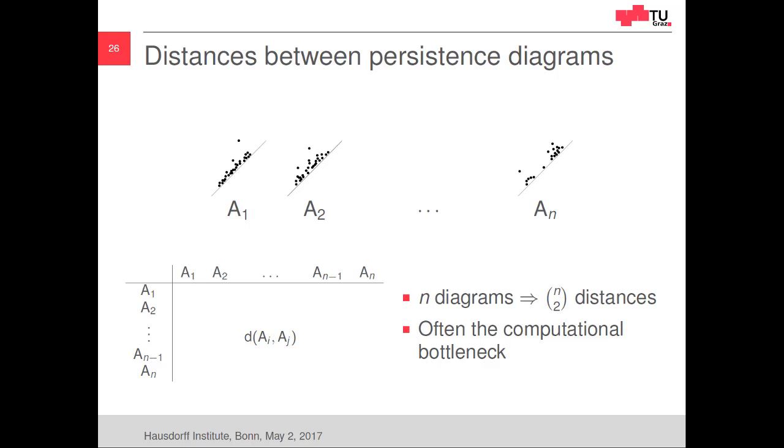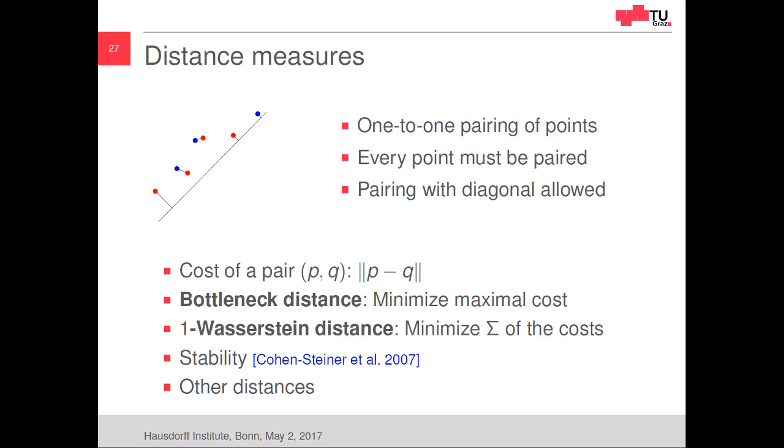Then what you could do is compute all pairwise distances, and then maybe you cluster them. The problem is when you do that, you have a quadratic number of distance computations, and this can be more expensive than computing the diagrams themselves. So we need an efficient way of computing the distance between two diagrams.